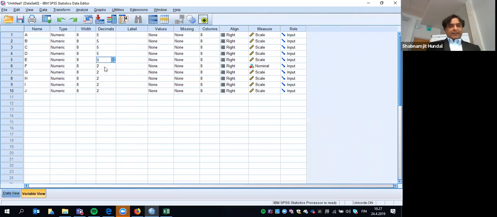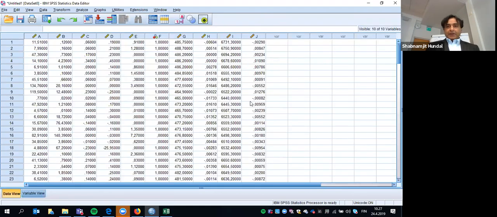We can round off at the end, no problem. And now when you have the data view, it looks better, yeah? Now all these decimals are recognized because now the width is increased.